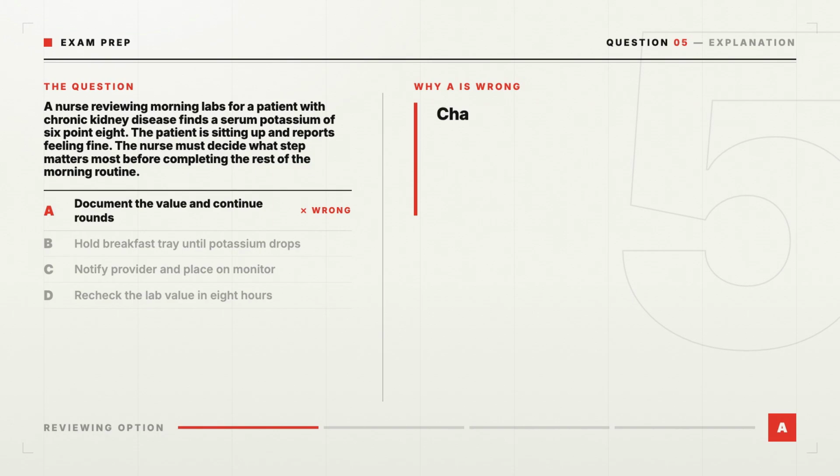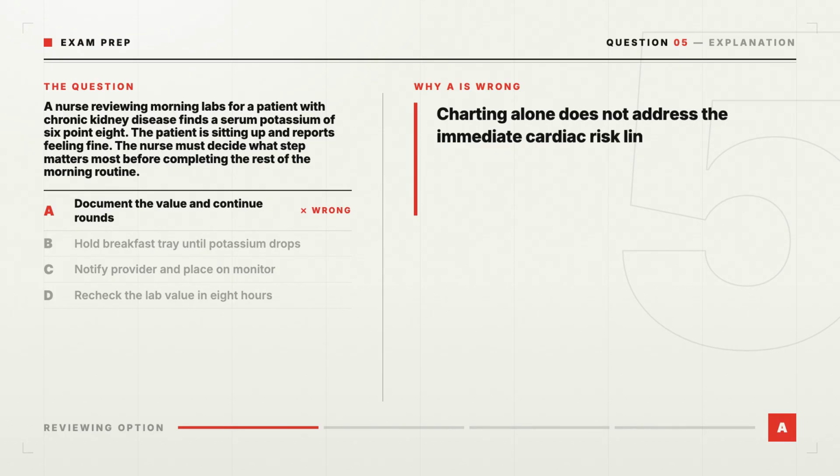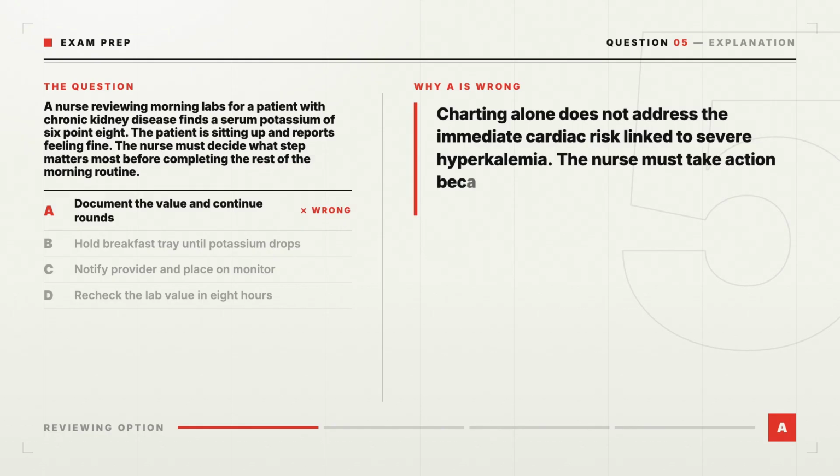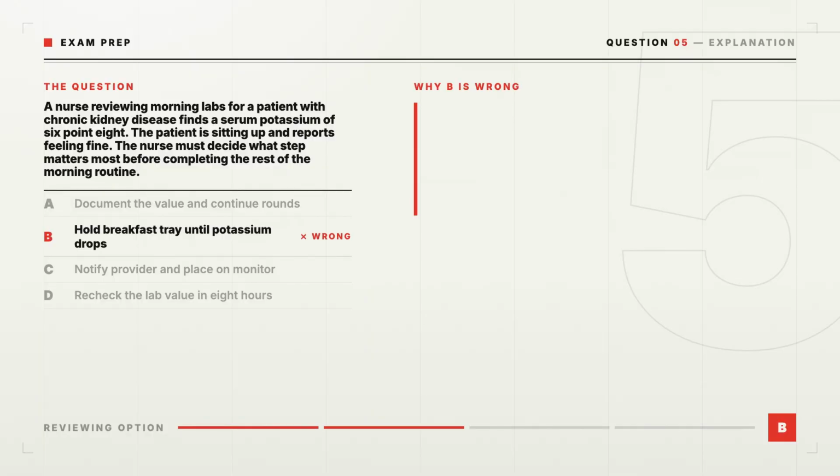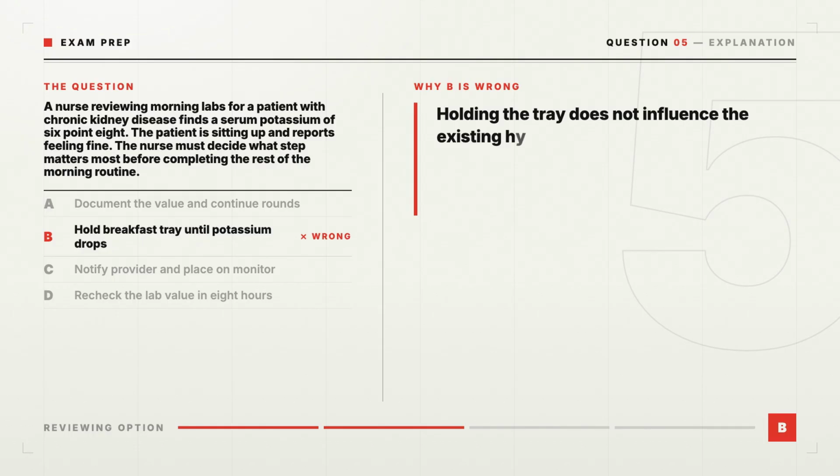A is wrong because charting alone does not address the immediate cardiac risk linked to severe hyperkalemia. The nurse must take action because critical values demand provider notification, not simple documentation in the record. B is wrong because holding the tray does not influence the existing hyperkalemia or its cardiac danger.